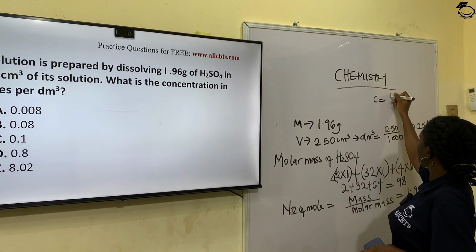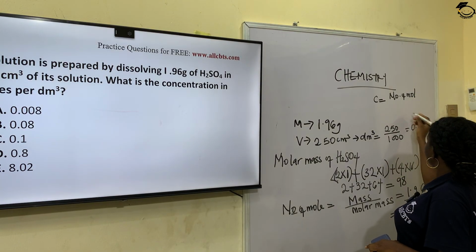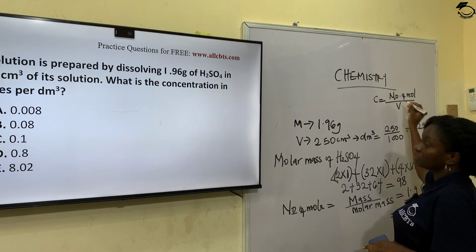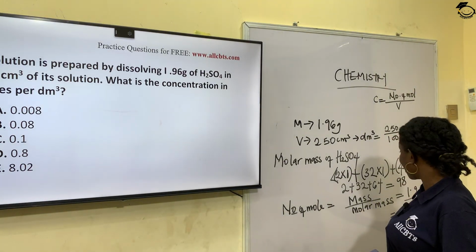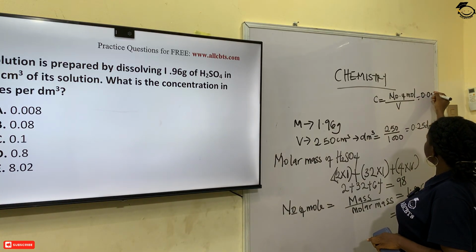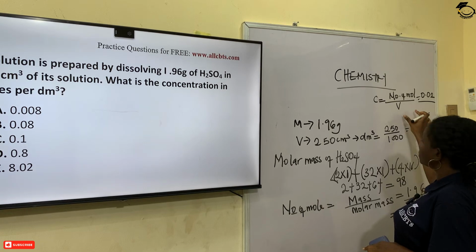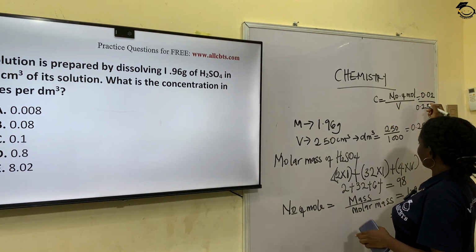So the concentration, that's the molarity in mole per dm cube: concentration is equal to number of mole all over the volume. So what's our number of mole as calculated? We have 0.02 over the volume in dm cube, that's 0.25.